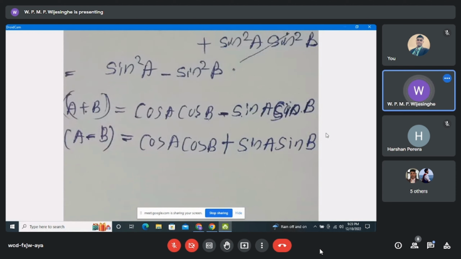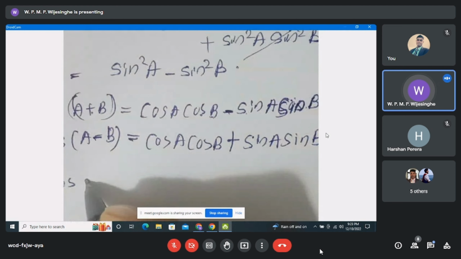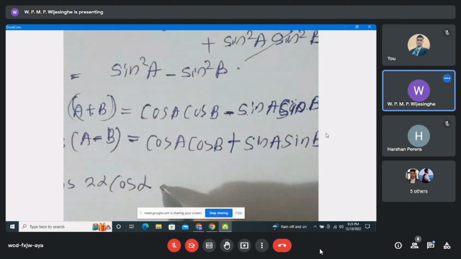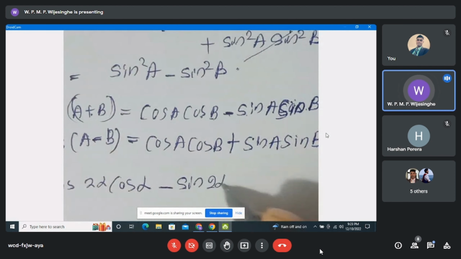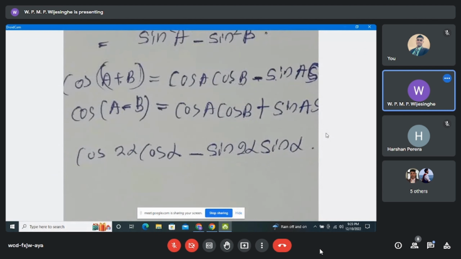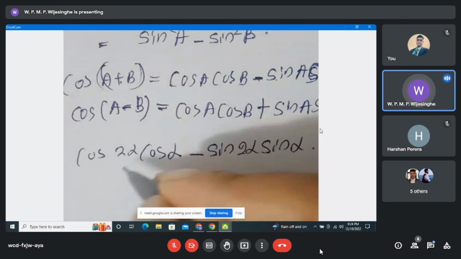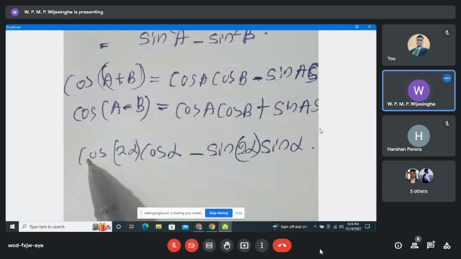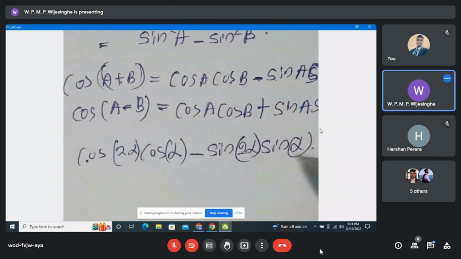Okay, let's do some examples. Like here you have given cos 2 alpha cos alpha minus sin 2 alpha sin alpha. Same angles here, alpha alpha, here cos cos, here sine sine.